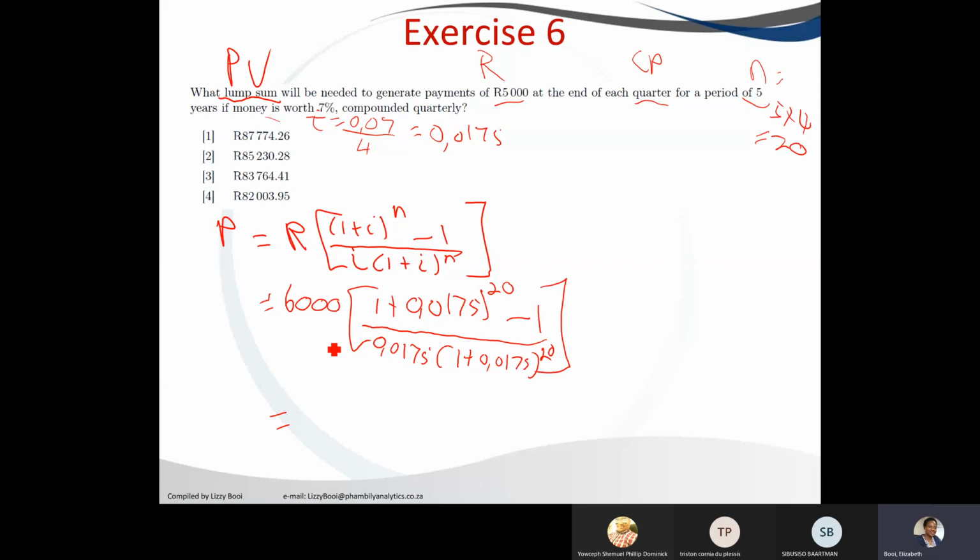And when you calculate this, the answer you will find will be 83,764.641, which is option number 3.